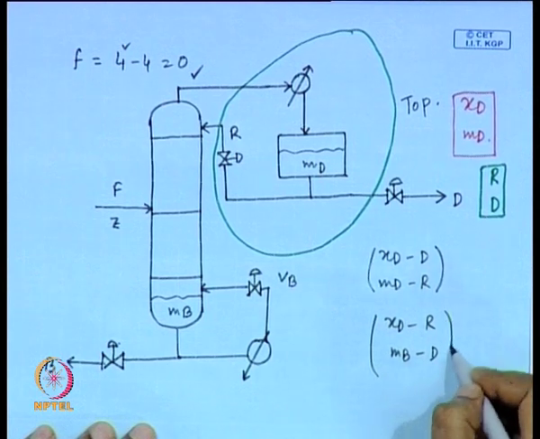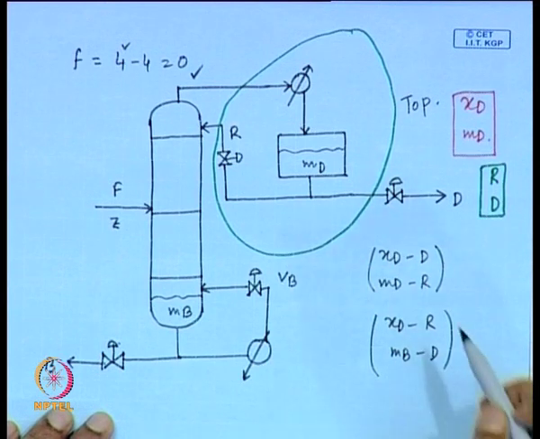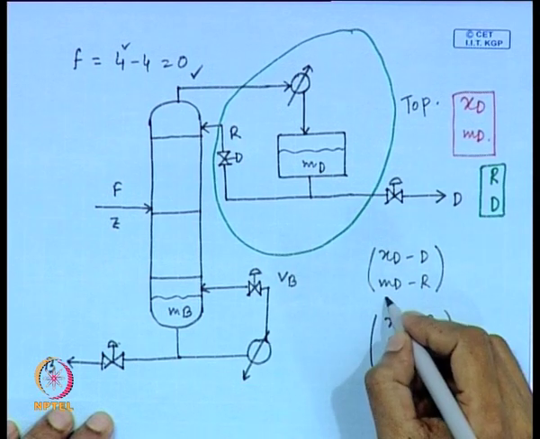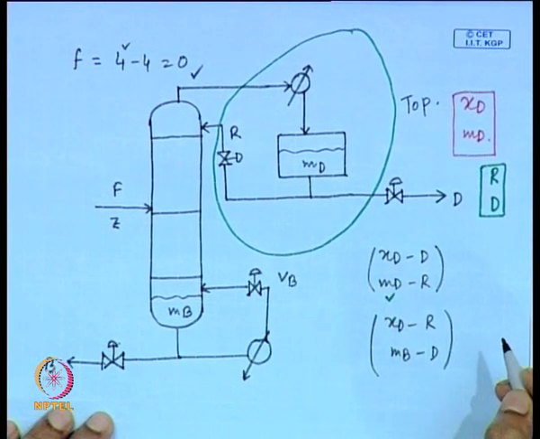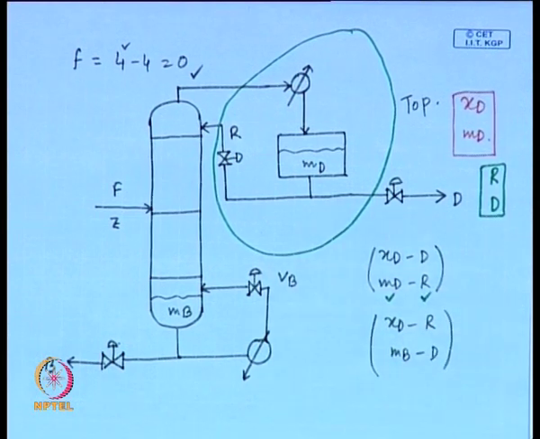So, these are two possible pairs. First, we will consider the first pair. We want to control m d by the manipulation of r. There is no problem, we can do that.